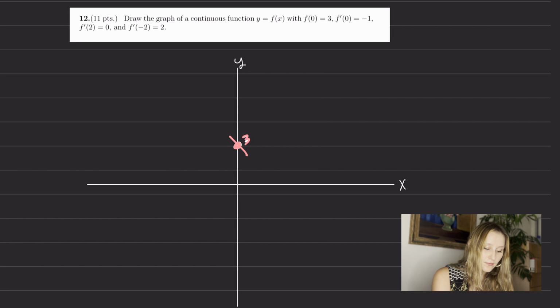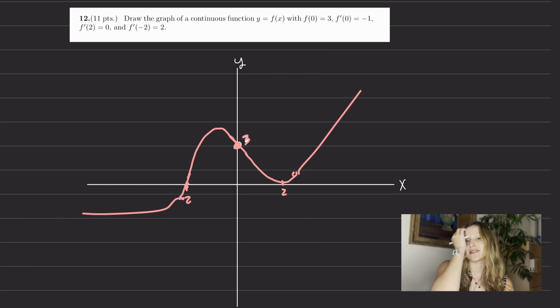So we have a 2. It's gonna go like that because we already know that it's going down. And f prime of -2 is 2. So we have -2. We know that this is gonna be more like this. That is an acceptable answer.